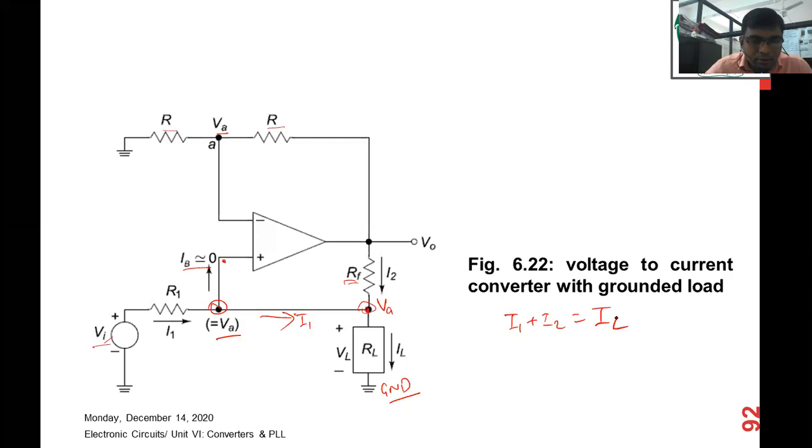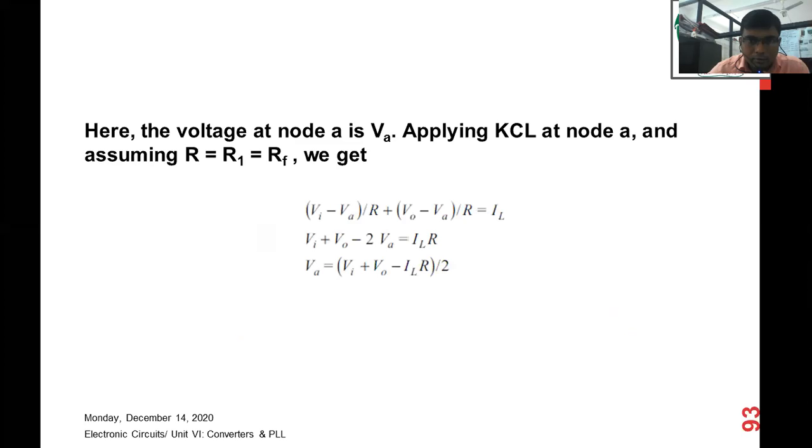And here we have assumed that R1 equal to RF is equal to R, the same resistor. So after this assumption, what would happen? You can see here I1 plus I2 is equal to IL.